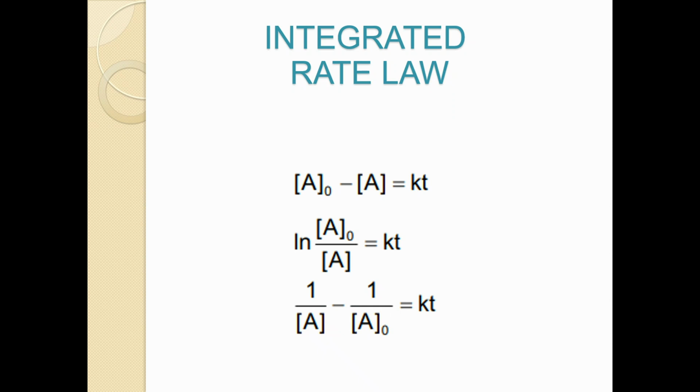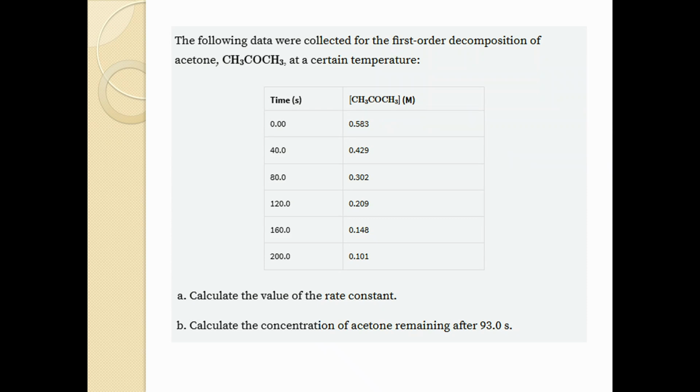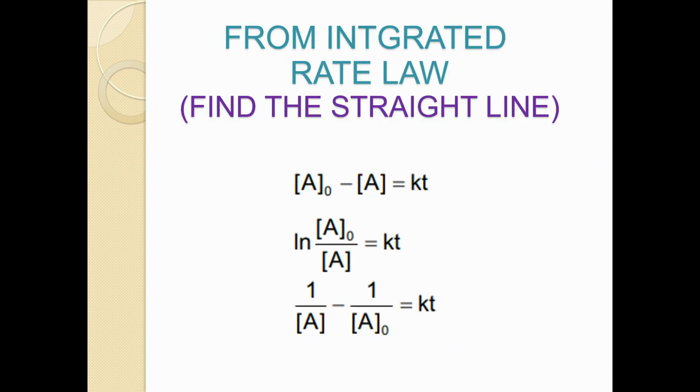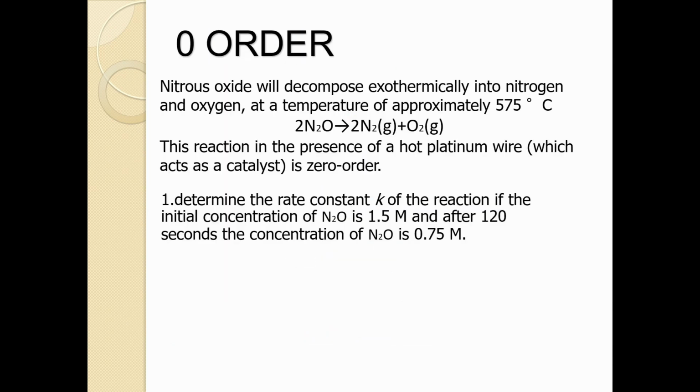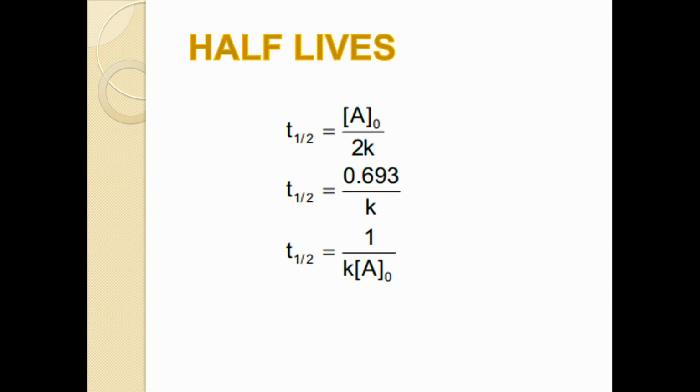So straightforward, you solve for k. Then we have two things we can do once we've solved for k. One is to find the concentration of a material after a certain time. The other thing that we can do is find a half-life.